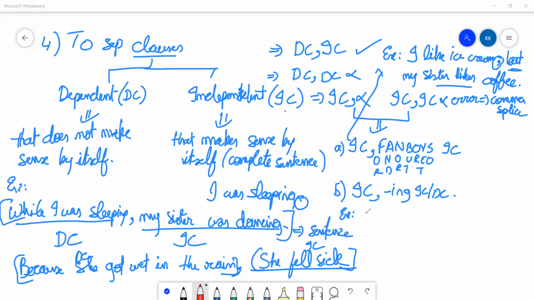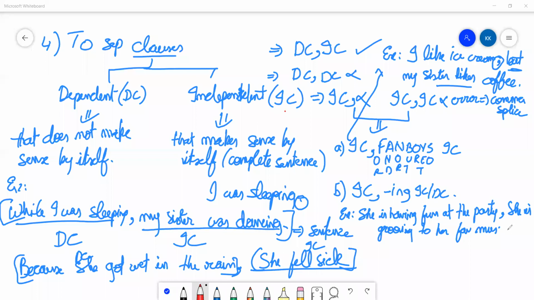Suppose there are two sentences which say, she is having fun at the party, comma, she is grooving to her favorite music.